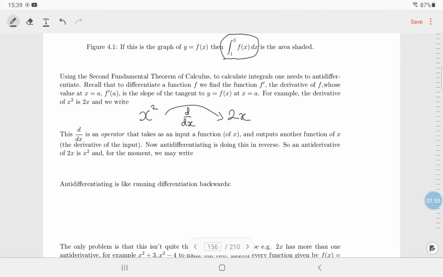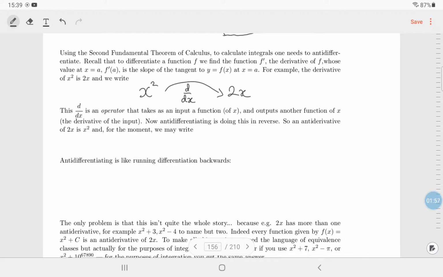So anti-differentiating is doing this in reverse. For the moment, we could write something like d dx inverse of 2x is equal to x squared. This is just for the moment, because eventually this is not going to be the whole story.